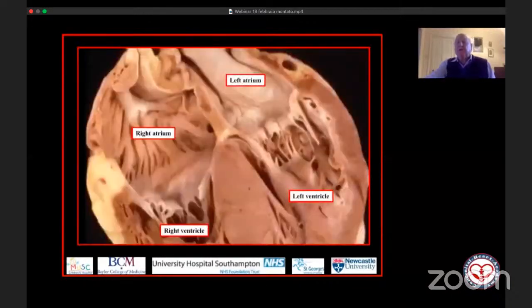So let's look at the potential problem. Here is a four-chamber cut across the normal atrioventricular junctions, and I've labeled the cavities. There in the white arrows, I'm showing you the atrioventricular junctions.